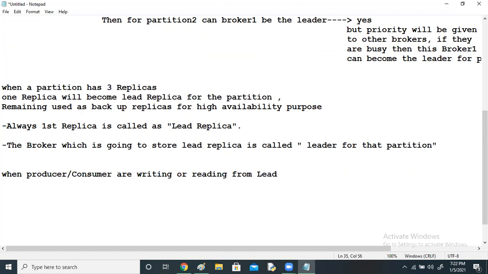If the lead replica failed, then what happens?